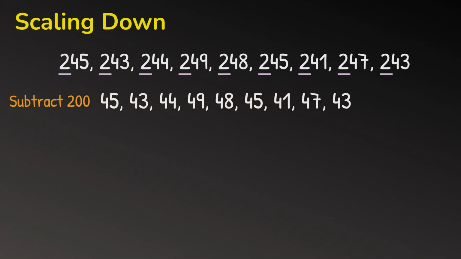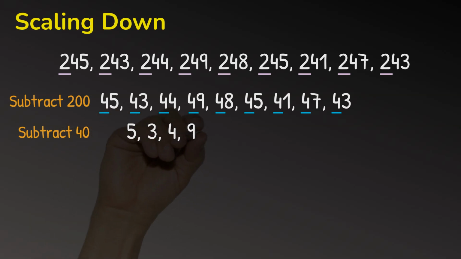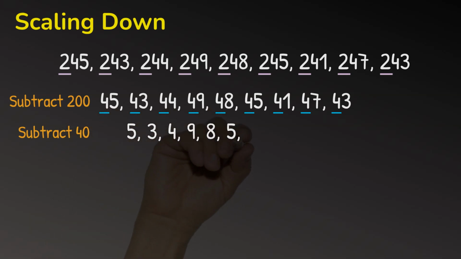And it's quicker to type in 45 plus 43 plus 44, etc., etc. But you can also notice that every value there has a 40 in front of it. Therefore, if we subtract 40, we end up with 5, 3, 4, 9, 8, 5, 1, 7, and 3.